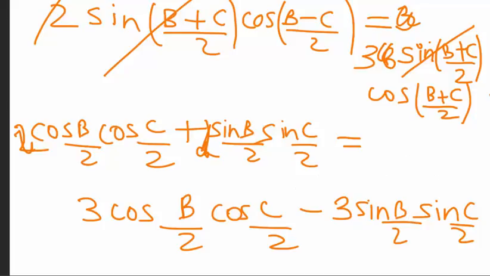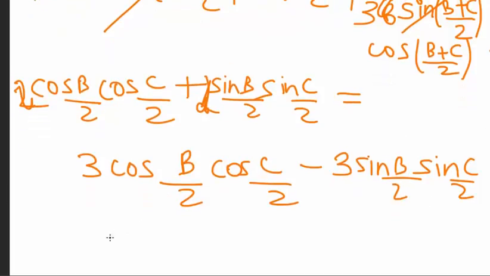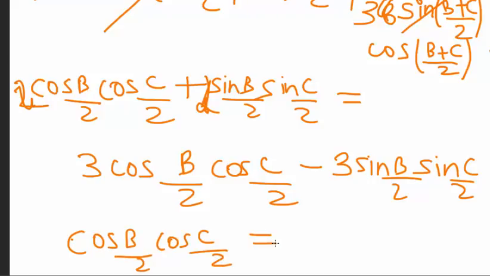If I do that, I'll get cosine of b by 2 cosine of c by 2 is equal to 4 sine b by 2 sine c by 2.